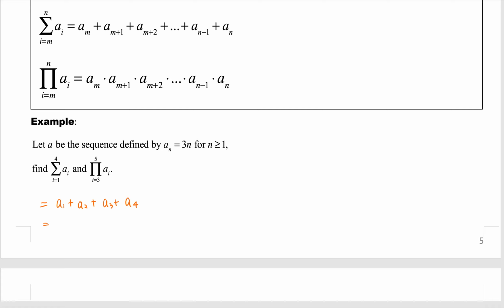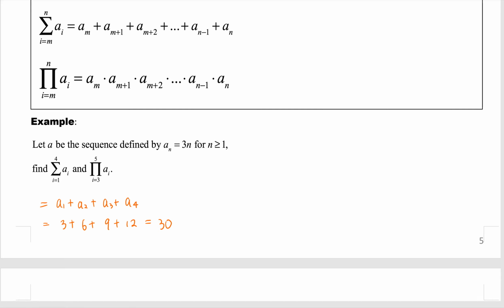Well, a sub 1, n equals 1, so 3 times 1 is 3. A sub 2, 3 times 2, 6. 3 times 3, 9. 4 times 3, 12. What is that? 3 plus 6, 9, 9 plus 9, 18, 18 plus 12, 30. So far, so good, everybody.